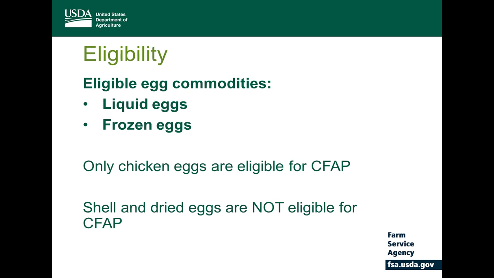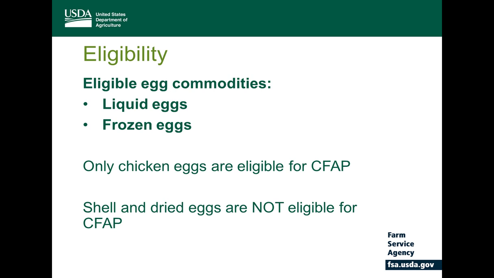But chicken eggs are good too, and some of them are eligible. So the one thing is for eggs, they are split into sort of two different categories, shell eggs and then breaker eggs. Breaker eggs can be broken further down, pun intended, into liquid, frozen, and dried eggs.